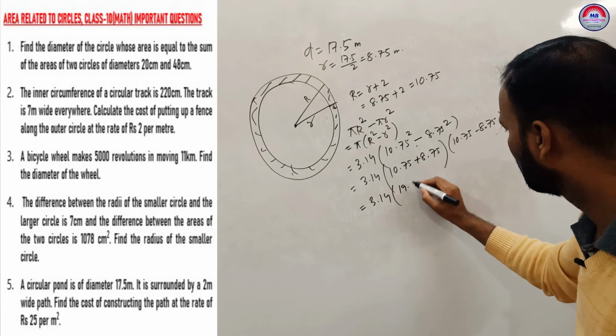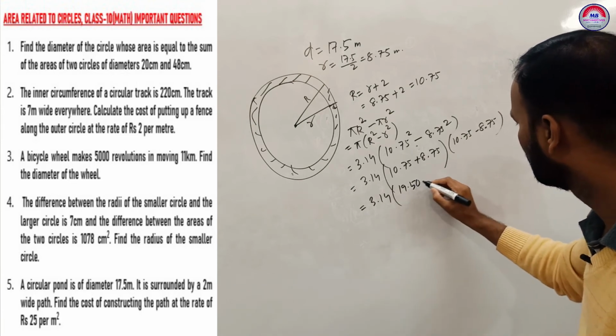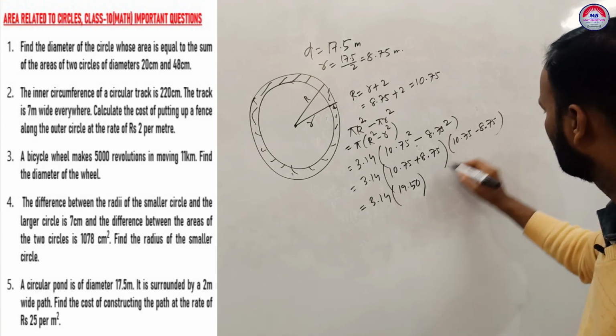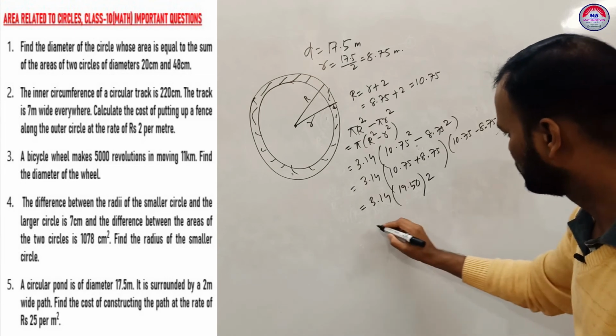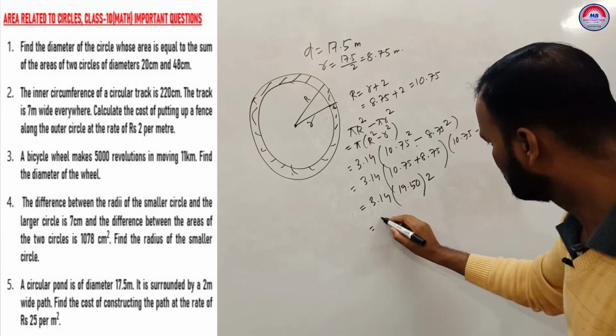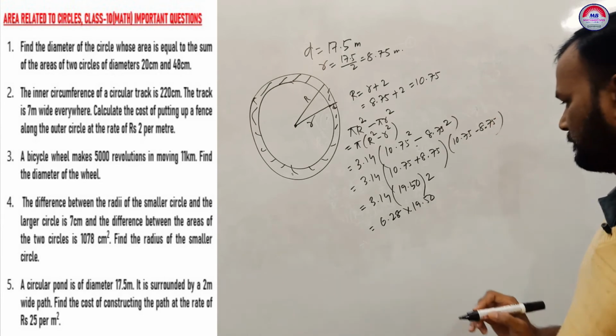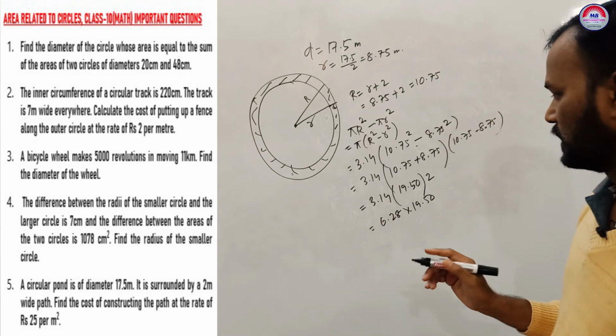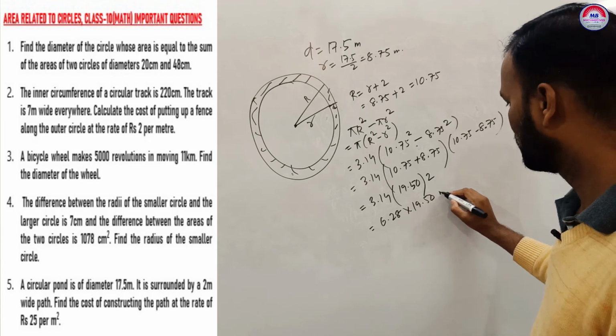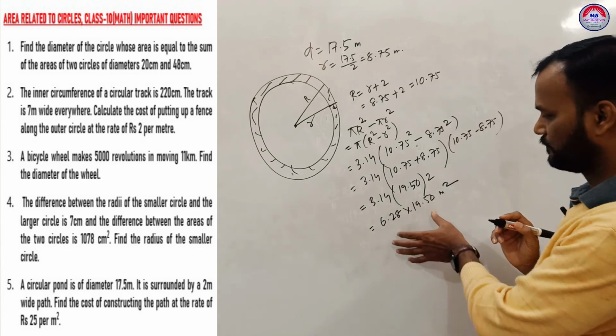Just see, 3.14 into this, 19.50, into 2. If you multiply, 6.28 into 19.50. Okay, then this is in meter square, this is the area.